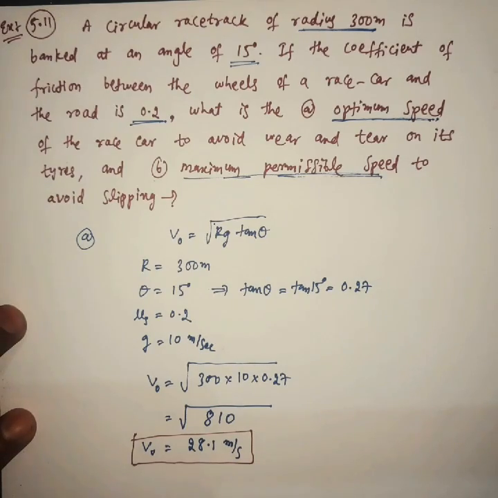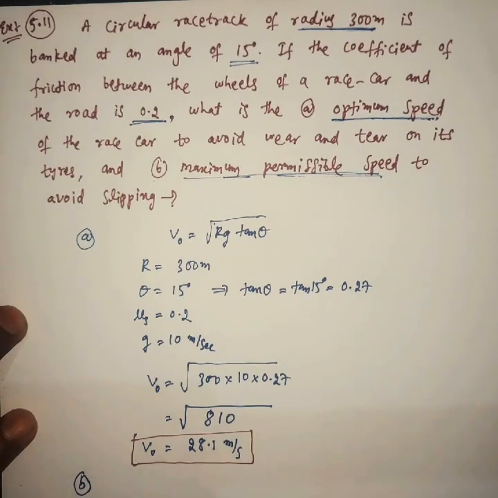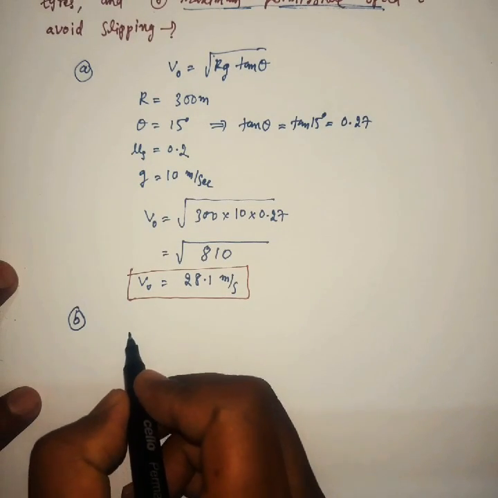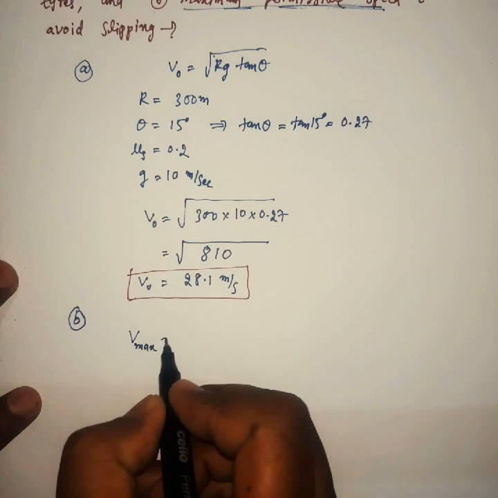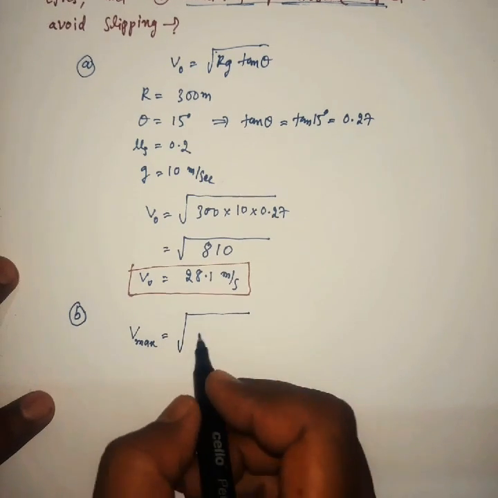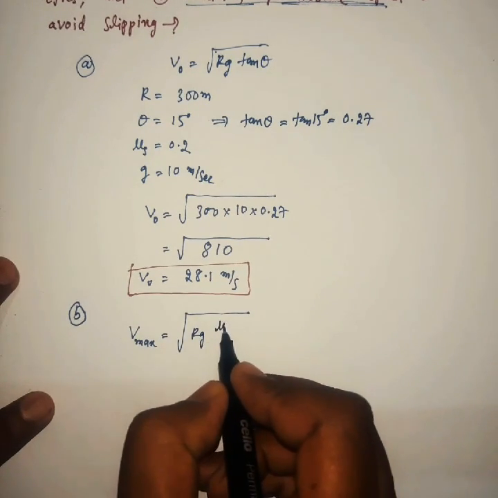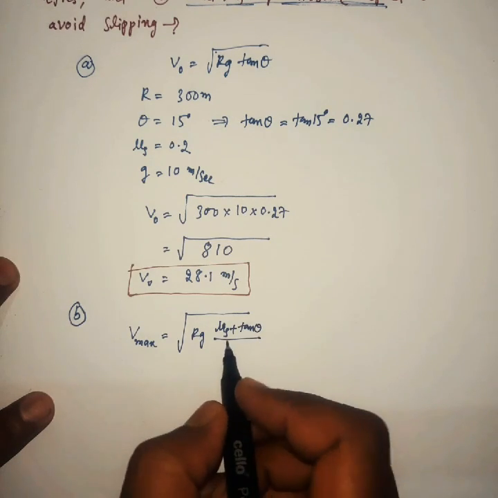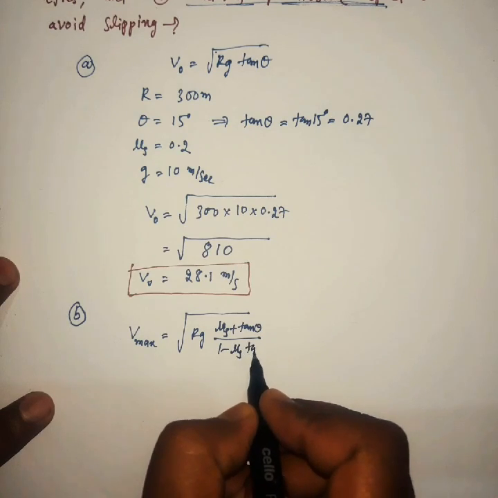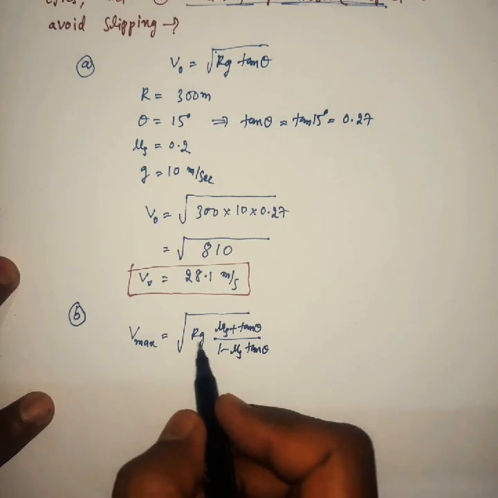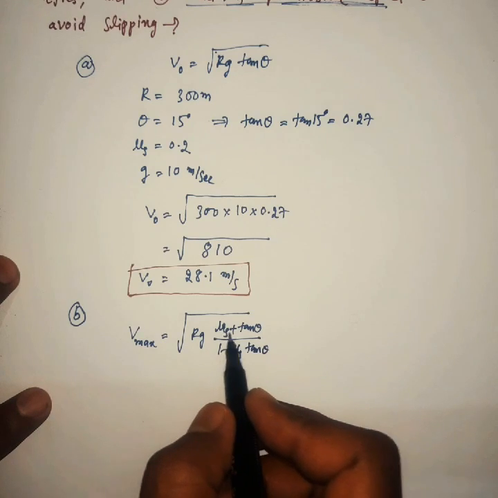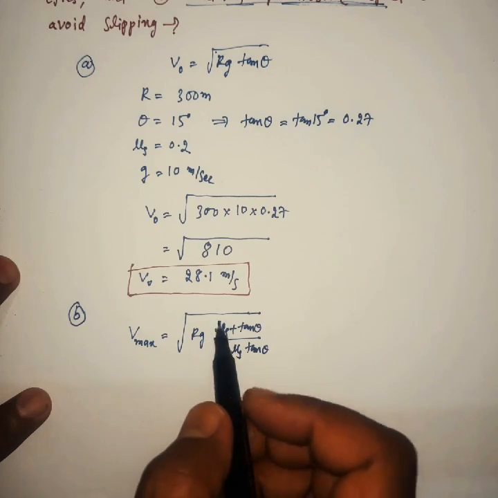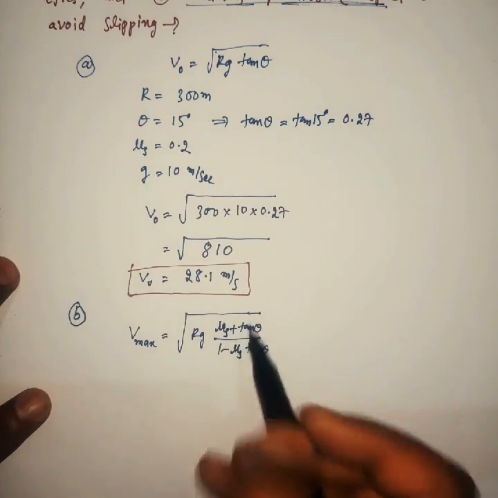For part B, we find the maximum possible speed. So V maximum is equal to the square root of Rg into mu s plus tan theta by 1 minus mu s tan theta. So we have the R value, g value, mu s value, tan theta value. So substitute these values in this equation.